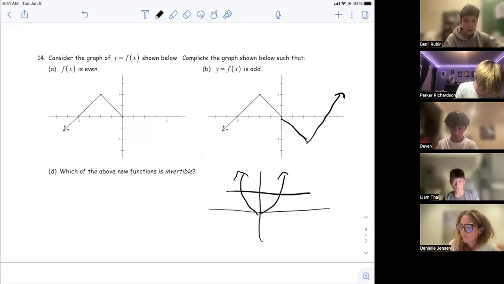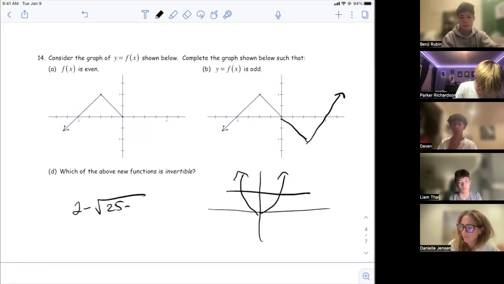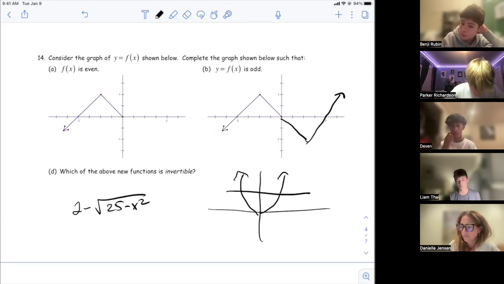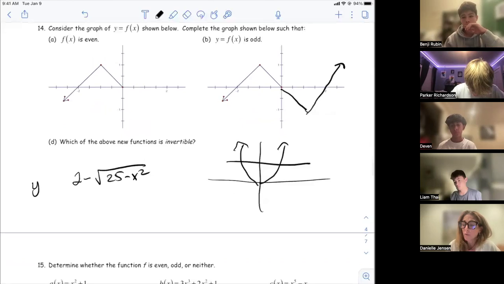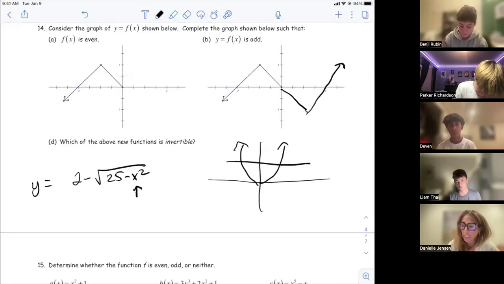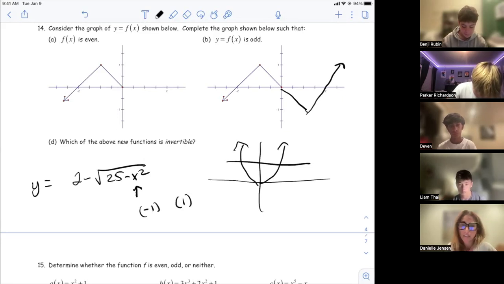Yeah, Devin. So when you have 2 minus root 25 minus x squared, why is it that if you have a square and an inverse, you need a domain restriction? What's the reasoning behind that? Oh, okay. Because without a restriction, it wouldn't be invertible. For example, if I plug in -1 for x, that'll give the same y value as if I plug in +1.